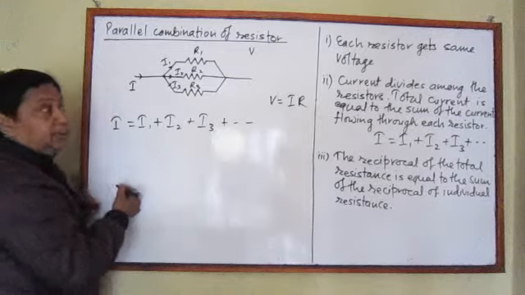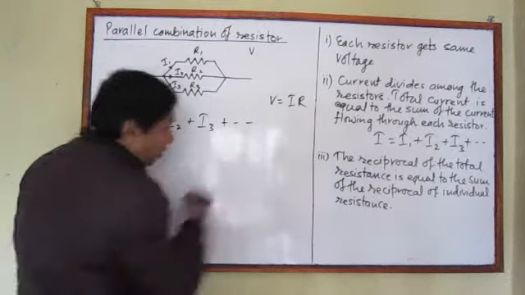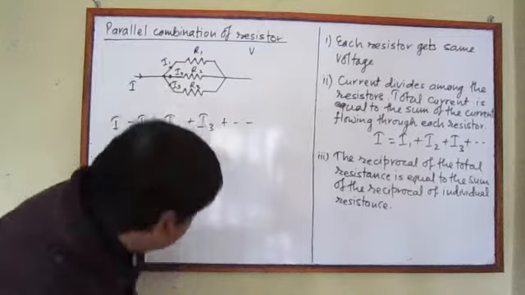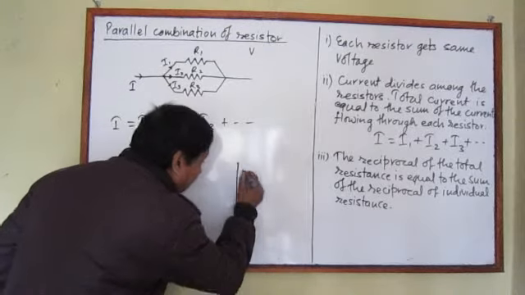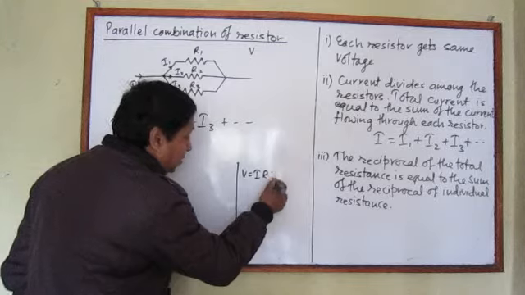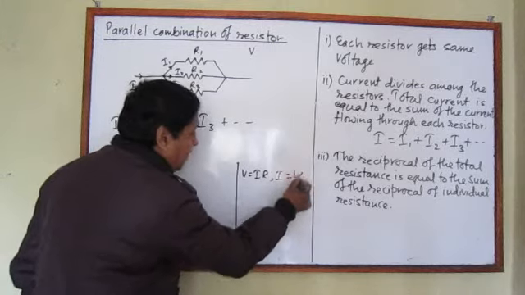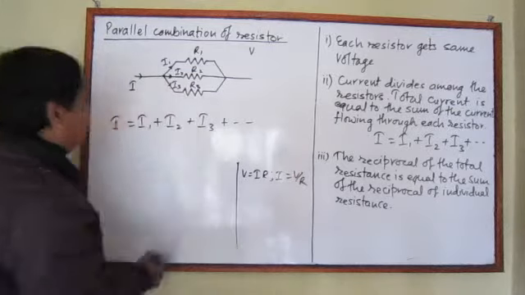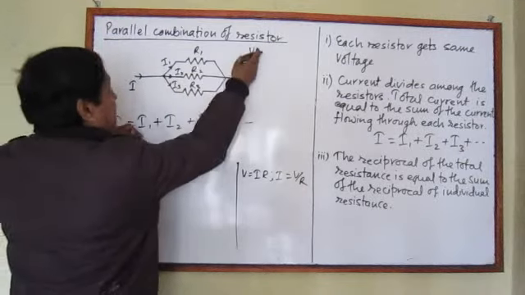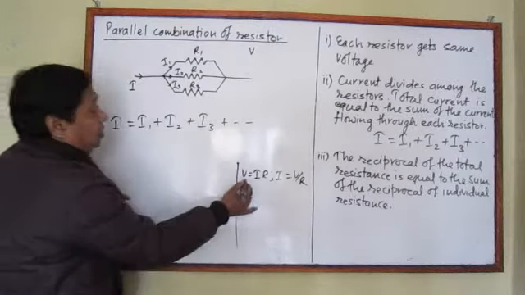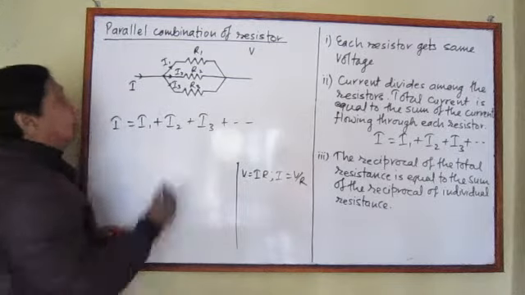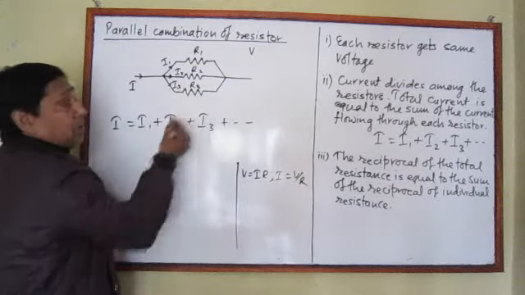Now if V equals IR, then I equals V by R. In the same way, if the total current is I and the total voltage is V, then according to Ohm's law V equals IR, so the current is V by R. Now I want to talk about each of the branches.